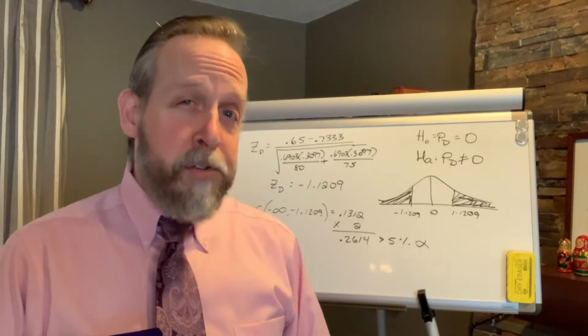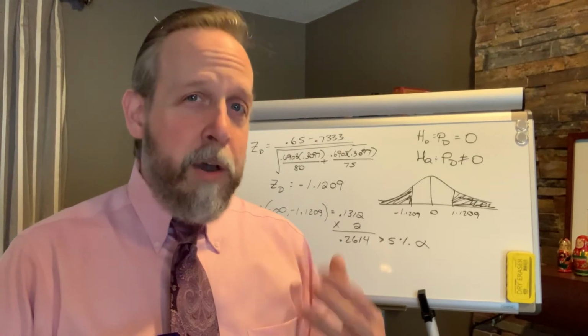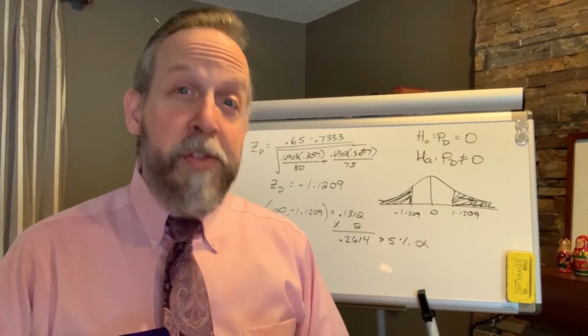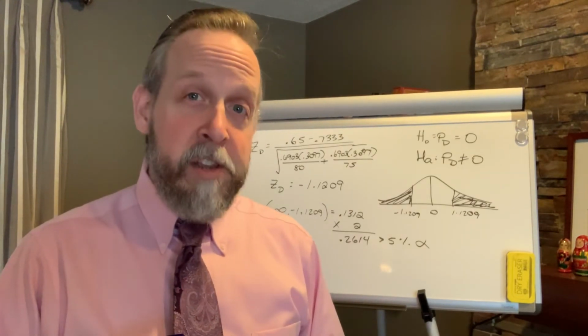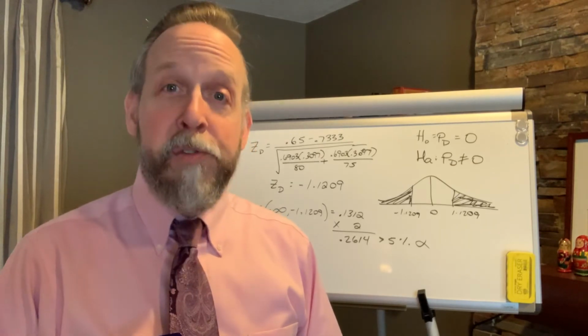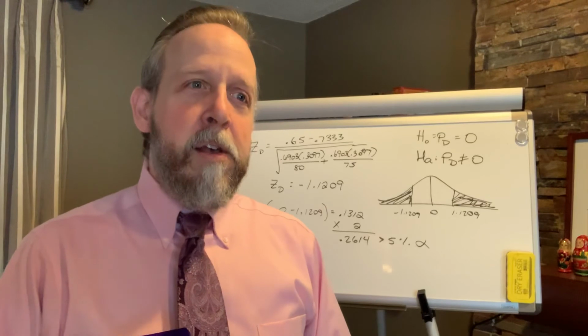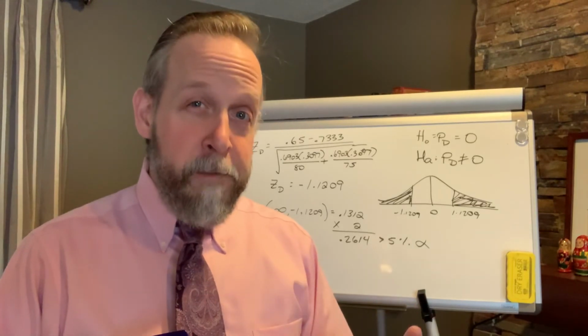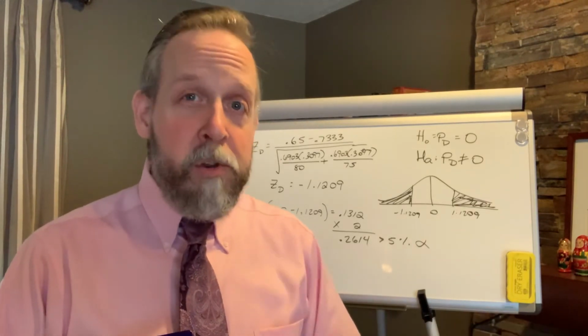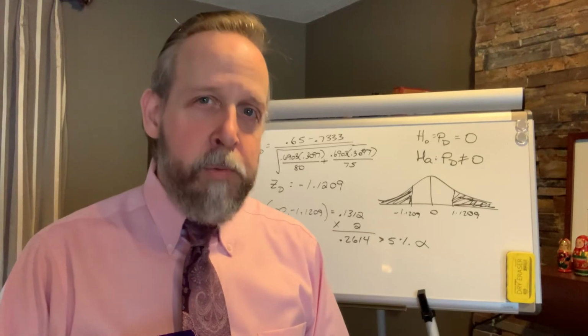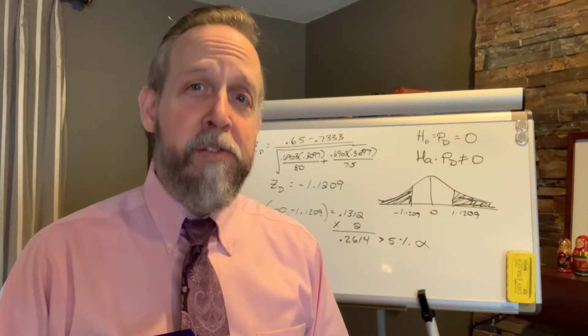You fail to reject the null. We cannot reject the null that there is no statistically significant difference between the two states' proportions of income earners over $85,000. By not rejecting the null, we're basically saying there's no difference between the two states, which is what we also decided based on the confidence interval.